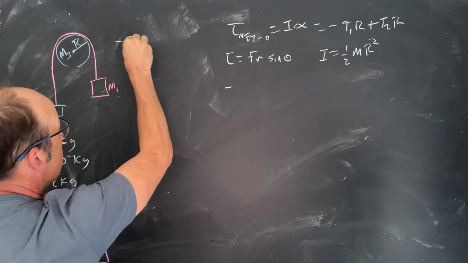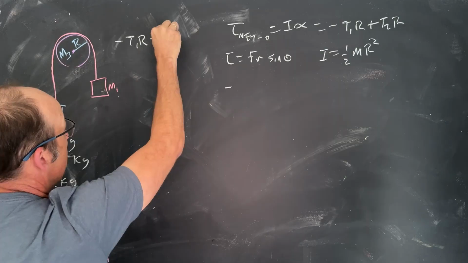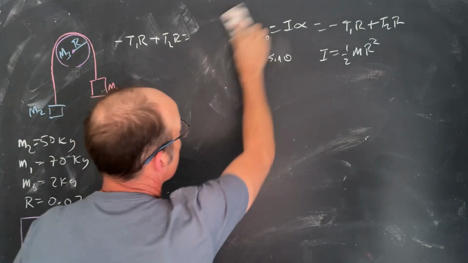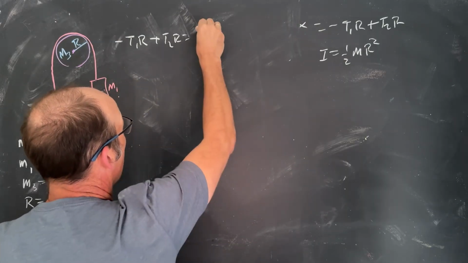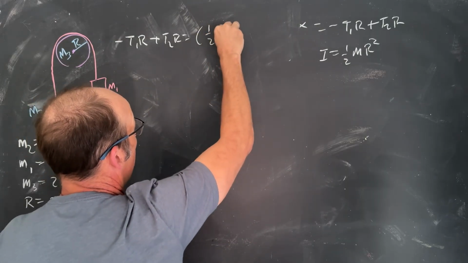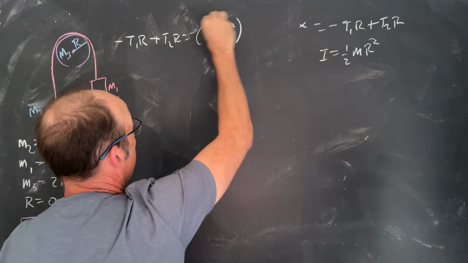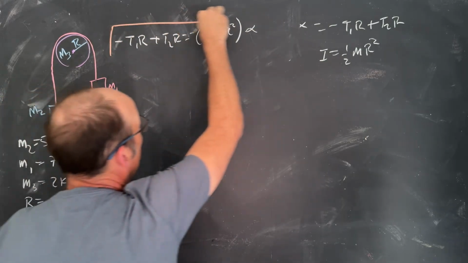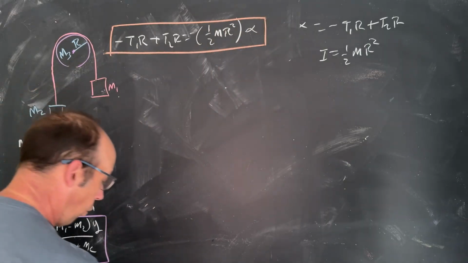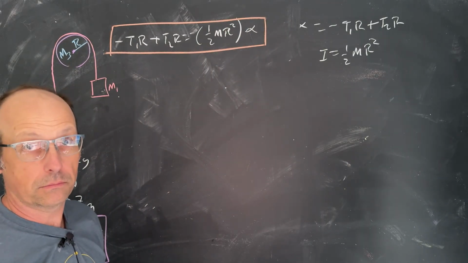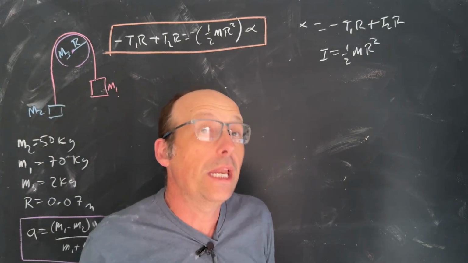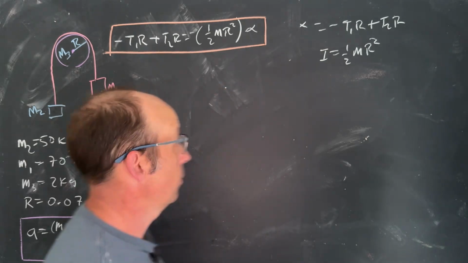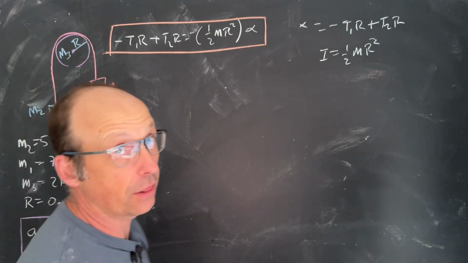So negative T1 R plus T2 R equals 1/2 m r squared times negative alpha. Box. So that's our torque angular acceleration equation. And we need that because we're going to have 3 variables, so we're going to need 3 equations.